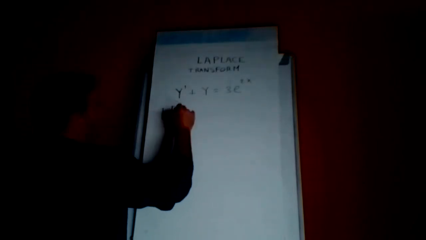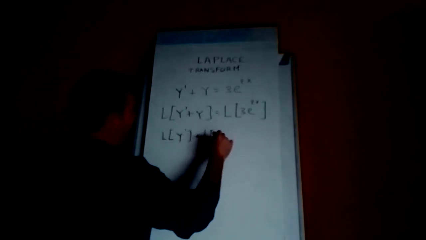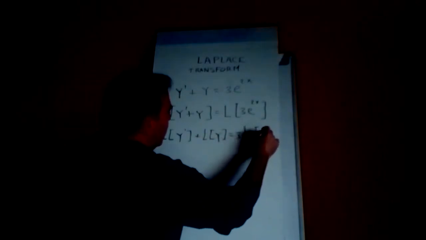Let's start the calculations. We take the Laplace transform of the equation above, on both sides of the equation, including the right hand side. By the linear property of Laplace, we can decompose it into its terms: Laplace of y prime plus Laplace of y equals 3 times Laplace of e to 2x.